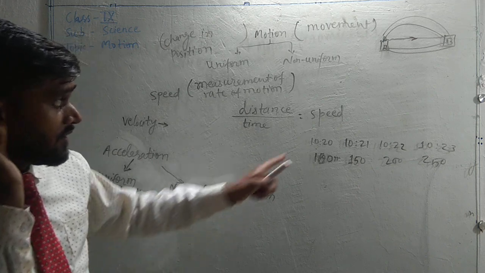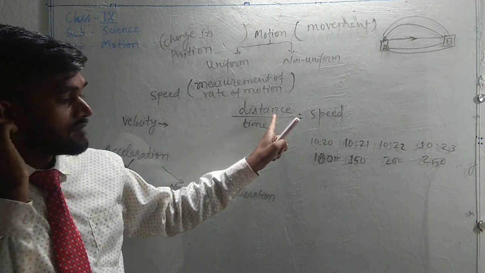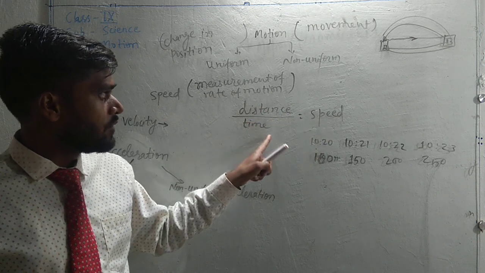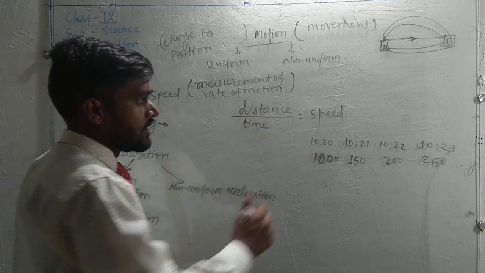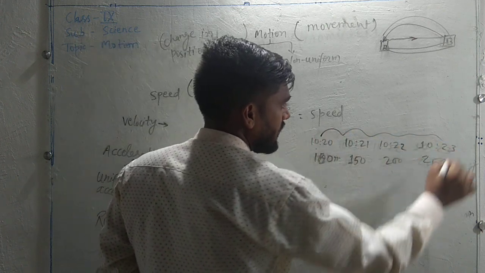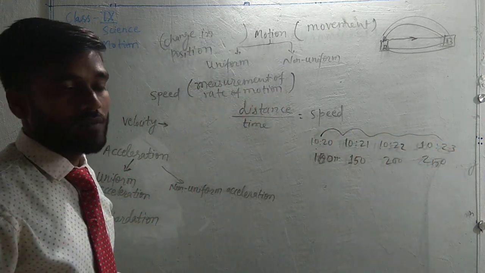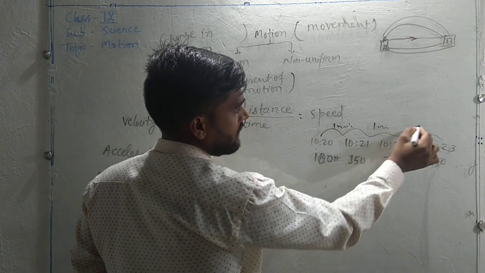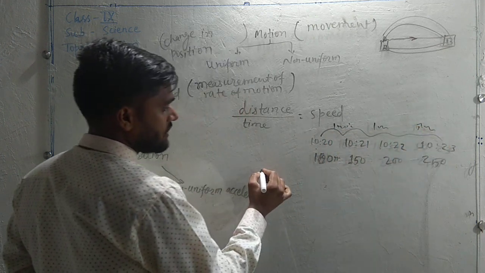So for finding the speed, what do we have to do? We have to measure the time for which the object is in motion. Here 1 minute, here also 1 minute, here also 1 minute. So total time is 3 minutes.